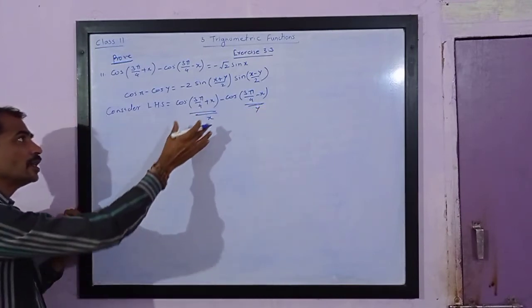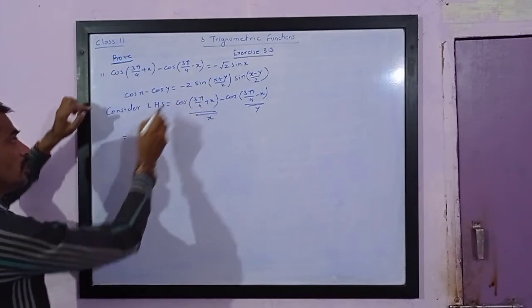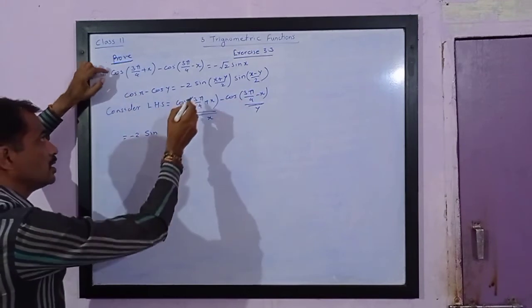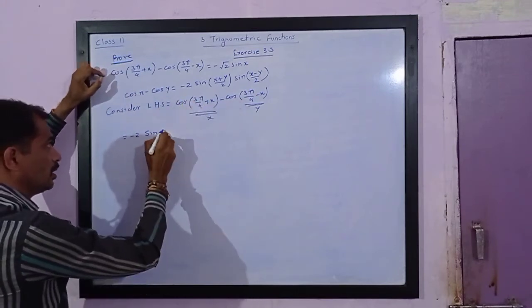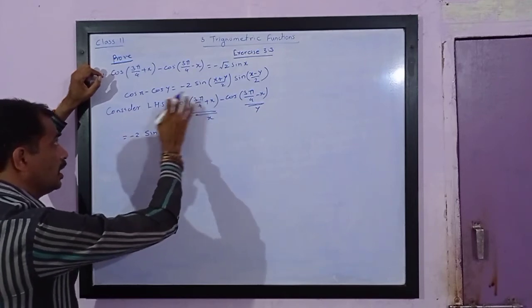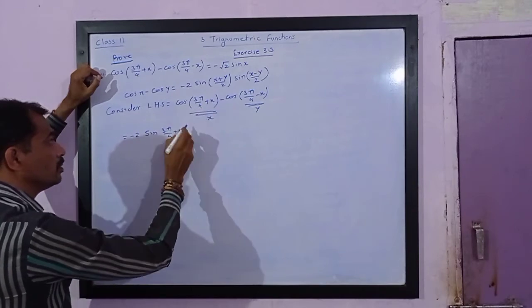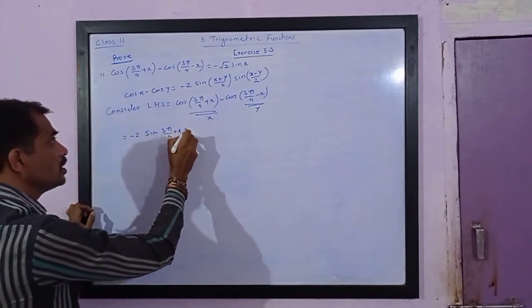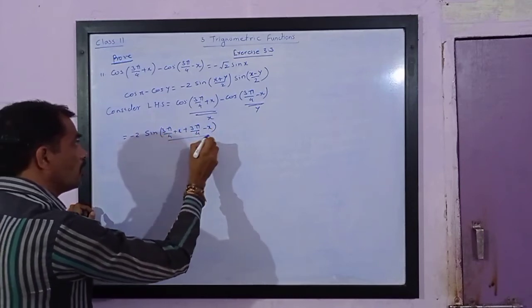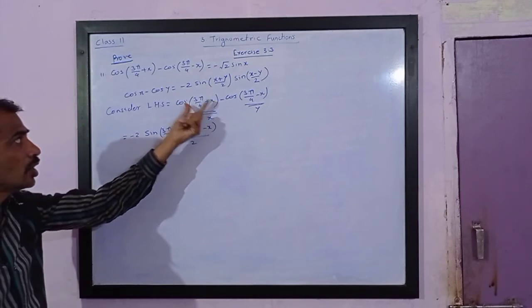It means we will get LHS is equal to minus 2 times sine of first angle, 3 pi upon 4 plus x, plus second angle, 3 pi upon 4 minus x, upon 2. Try to understand, we are going to consider this total in the identity.